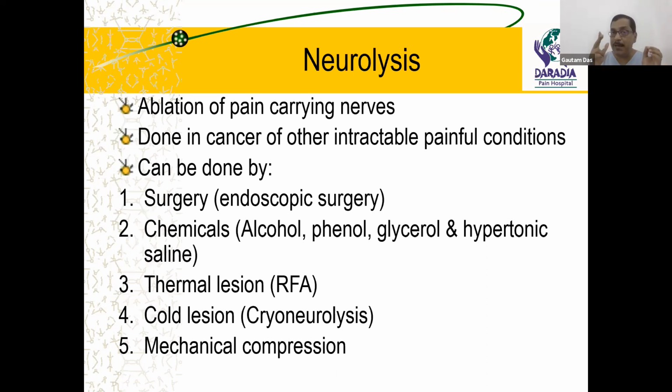Now if you are ablating the nerve, what is happening? These proteins, while going to the periphery, will be obstructed at the cut end or damaged end. And this abnormal accumulation of sodium channels at the damaged end is responsible for ectopic signal generation. So these two mechanisms, one is crosstalk, another is ectopic signal generation, together are responsible for a condition called deafferentation pain.